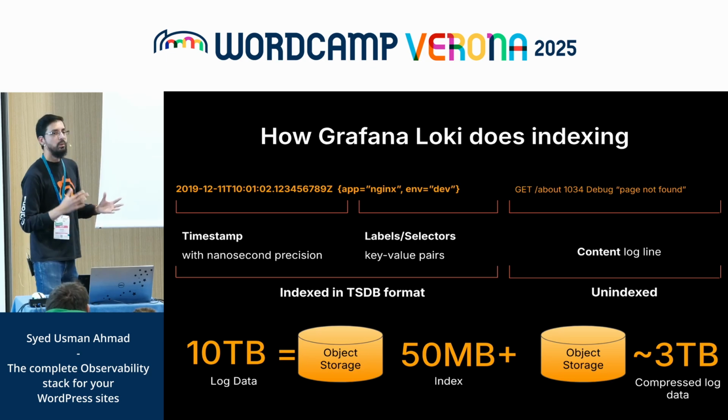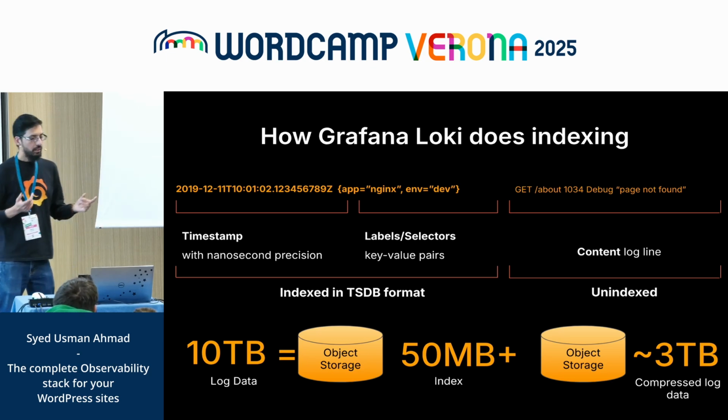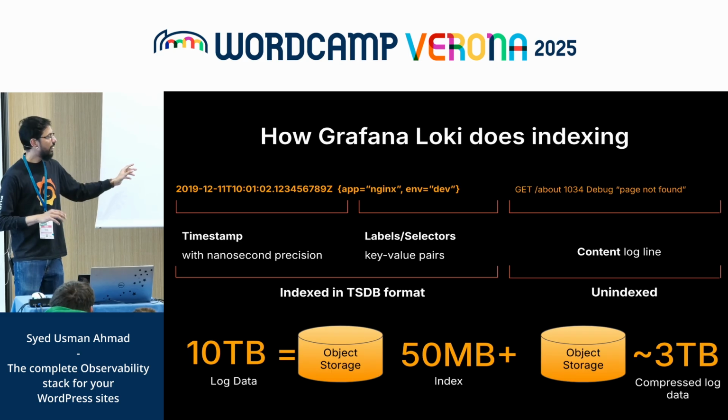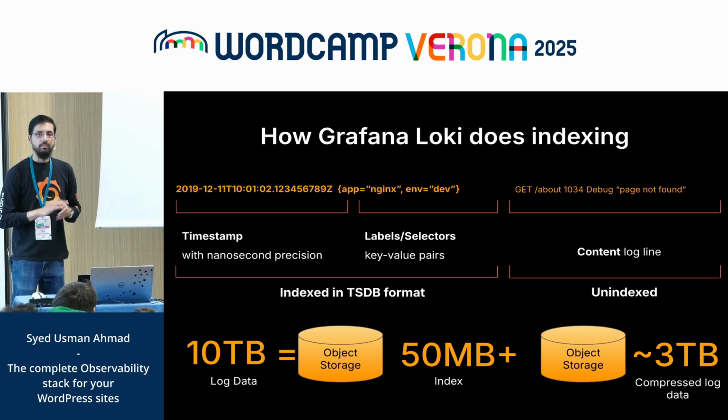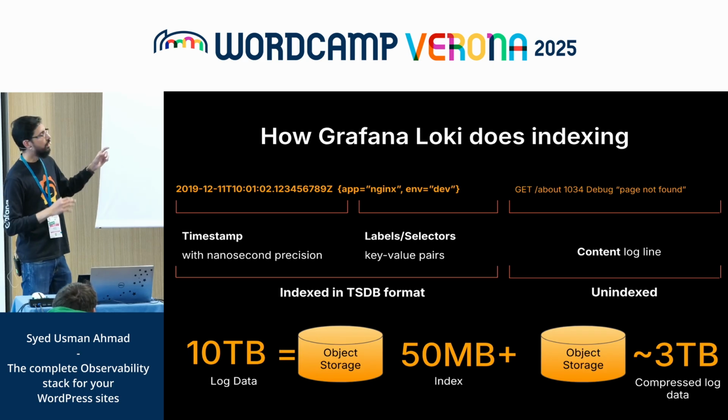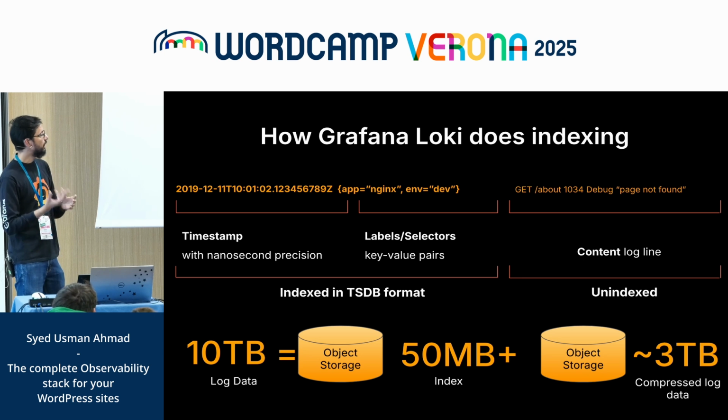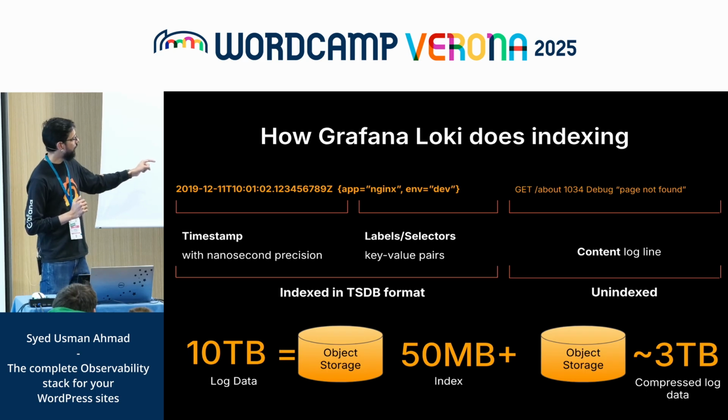And why is Loki so powerful? Imagine you have a 10 TB log file for the customer, and you have a lot of data. But how Grafana Loki does the indexing basically helps you search the data and reduces the effort. So you have this 10 TB, and it will provide 50 MB of indexing.